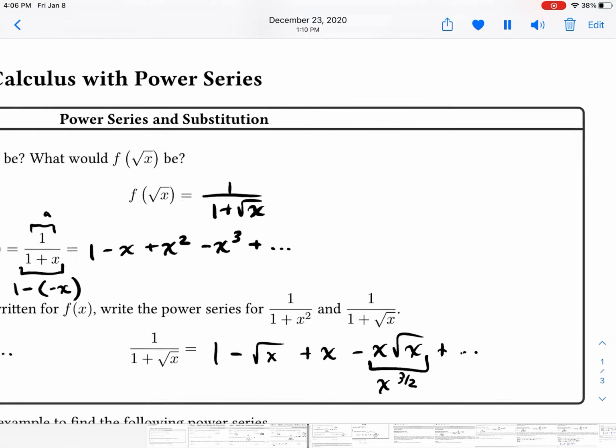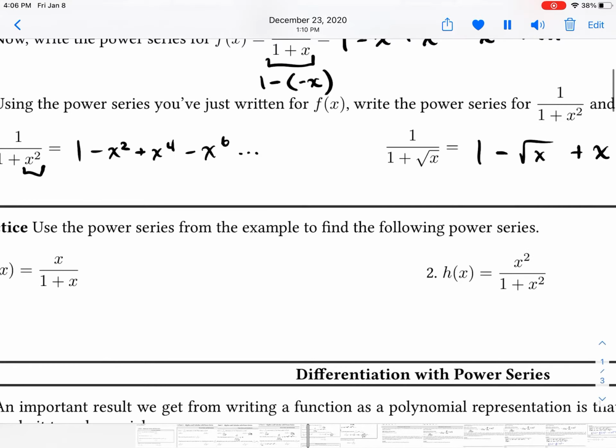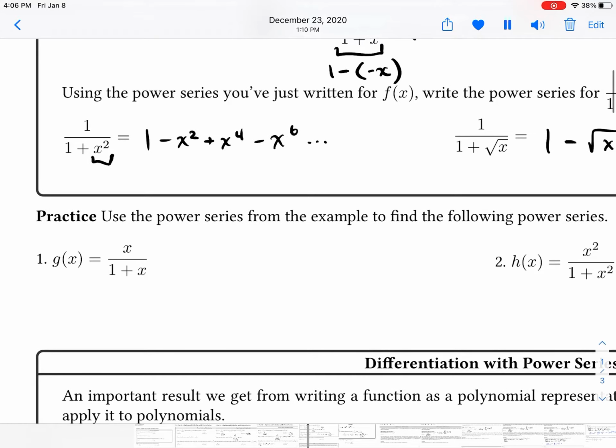Okay, on that note, following along in the same vein, let's see if we can use the power series from this example here to find the following power series. So start with g of x here. What would we say about this? Well, our first term is x, and this would be 1 minus negative x.